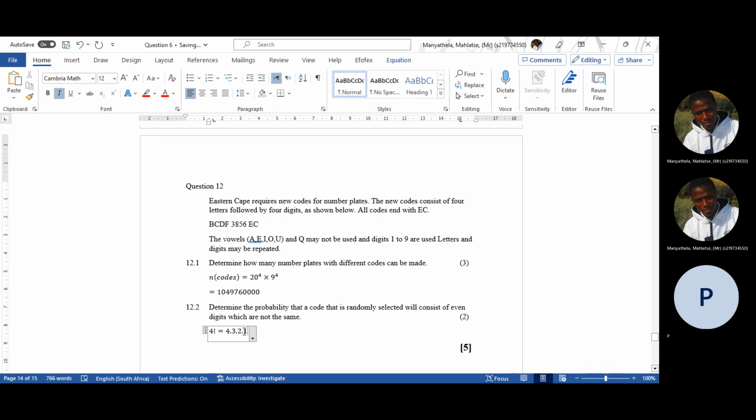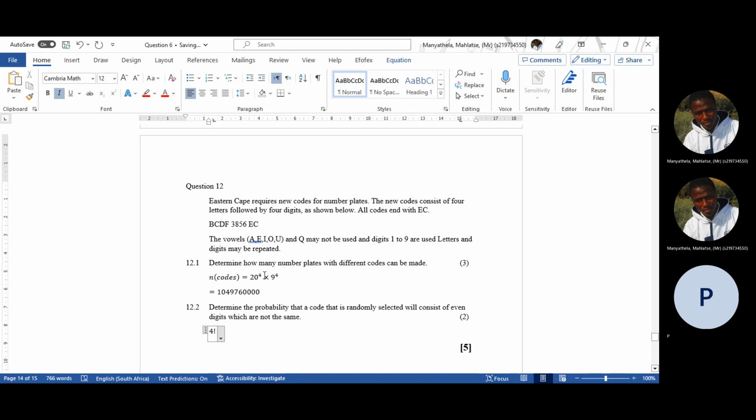Even on your calculator, if you say 4 factorial, it will give you the same answer as 4 times 3 times 2 times 1. 4 factorial is equal to 24.